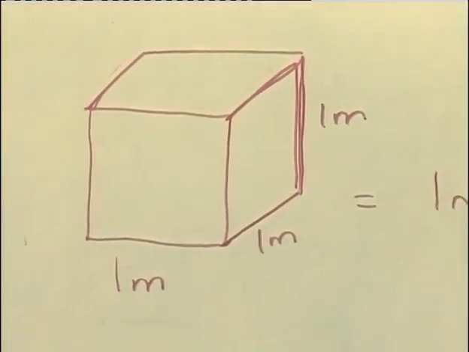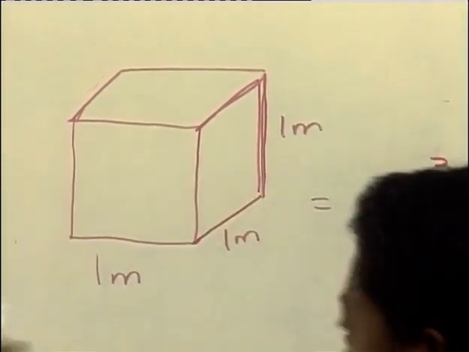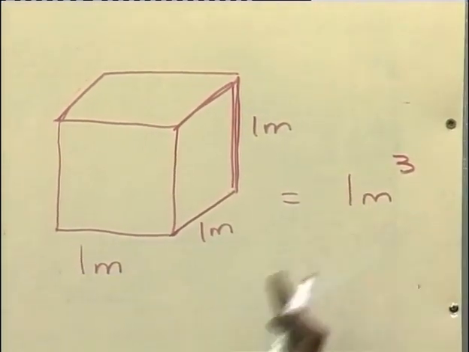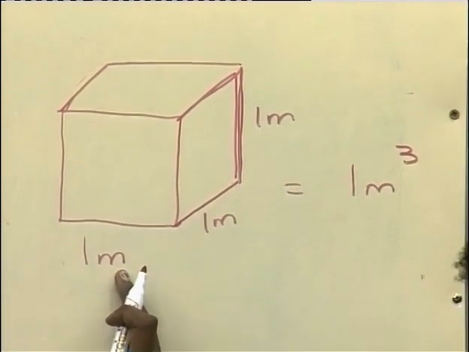I want to find out how many cubic centimeters is equal to 1 cubic meter. So, how many centimeters in 1 meter?